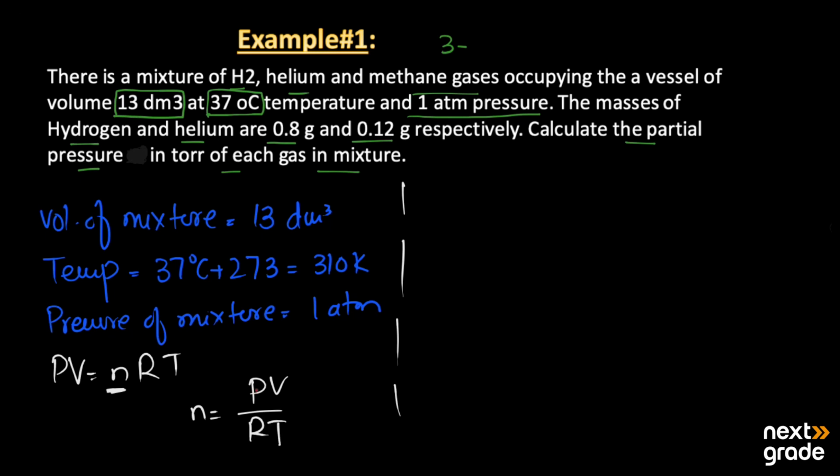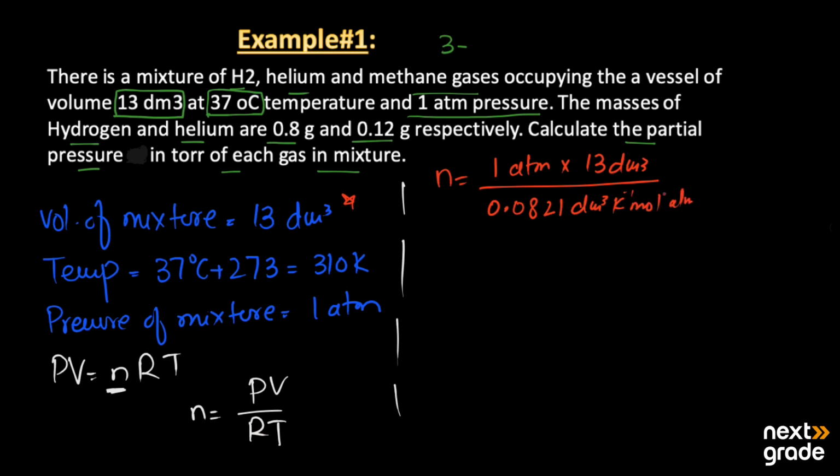Here we have all these values. n equals pressure, 1 atm, times the volume of the gas, 13 dm cube, divided by the general gas constant in SI units, dm cube atm per Kelvin per mole, multiplied by the temperature, which is 310 Kelvin. So the total number of moles of the gas present is 0.51 moles.